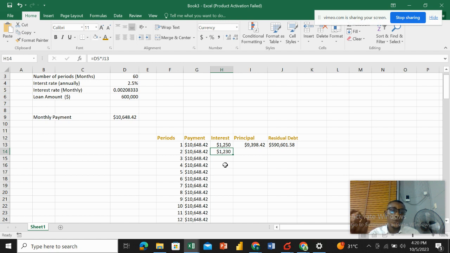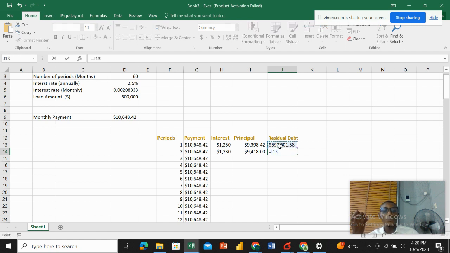That is the amount we are paying as our interest for the second month. Our principal is our payment minus our interest. For our residual debt, we say our residual debt for the previous month minus our principal gives us this.